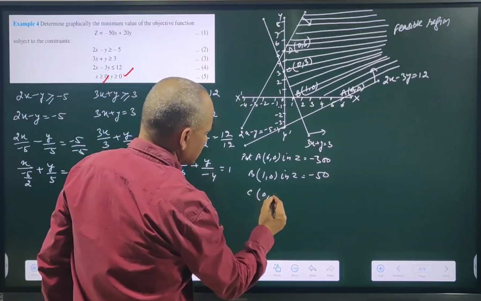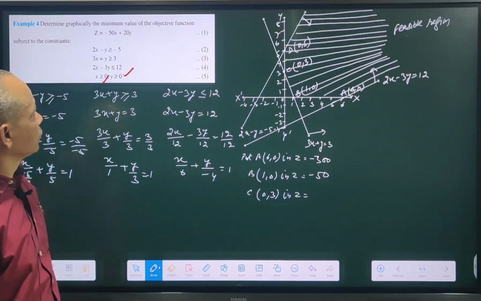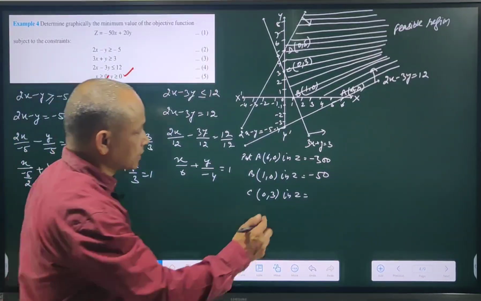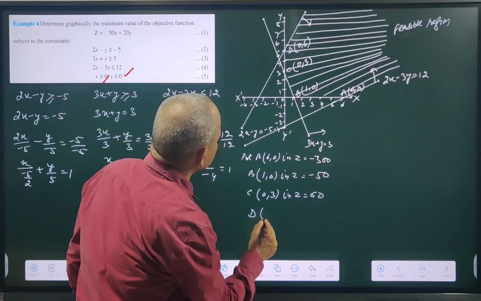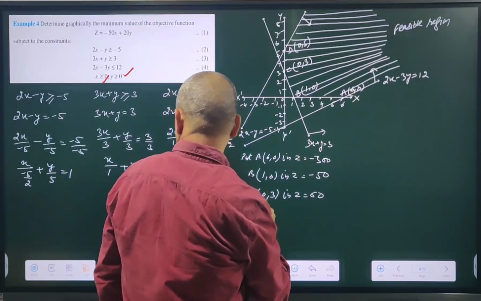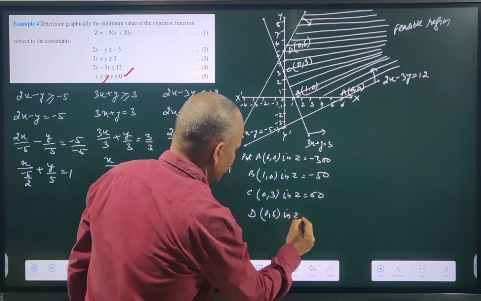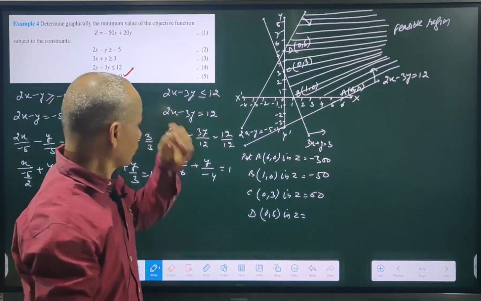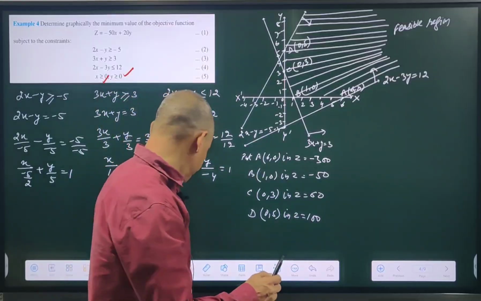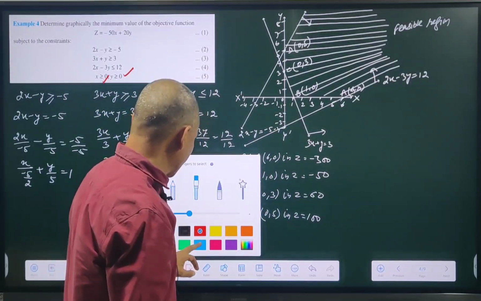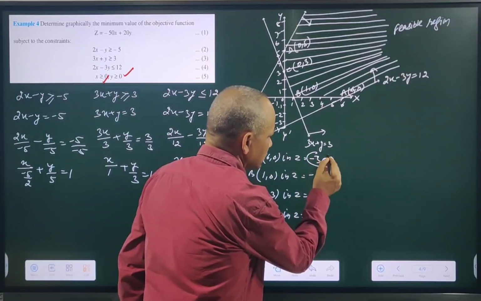C point is 0 comma 3. Put it in Z, and that will give you 60. And point D, 0 comma 5, in Z will give you 100. So what is the minimum value of Z? The minimum value of Z will be minus 300.